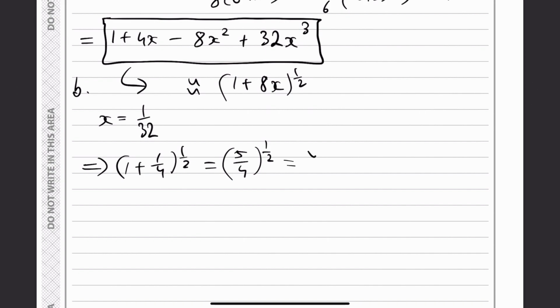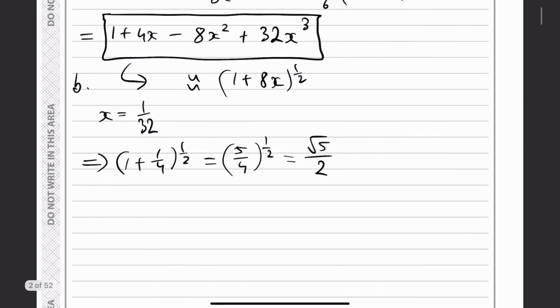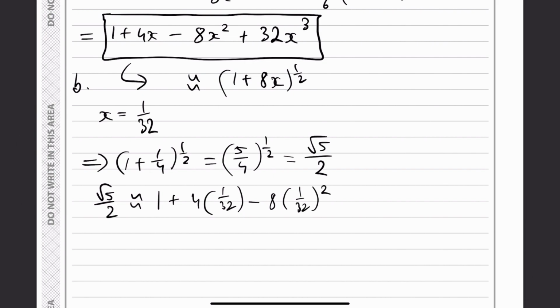And then if you open up those indices, you're going to get root 5 over 2. So what that tells you is root 5 over 2 is approximately equal to 1 plus 4, and then we basically substitute all of this stuff into this as well, squared.